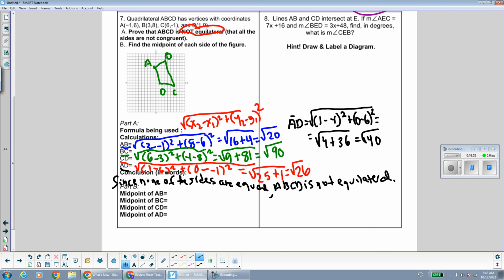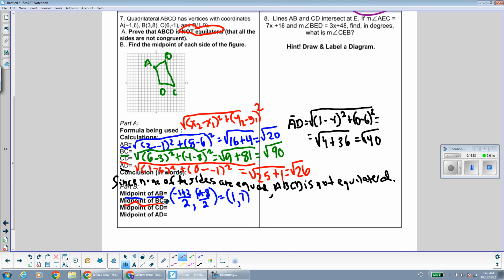Okay, so midpoint of AB, going to use midpoint formula. So midpoint formula for AB, -1 plus 3 over 2, 6 plus 8 over 2. That is 2 over 2, which is 1, 14 over 2, which is 7.